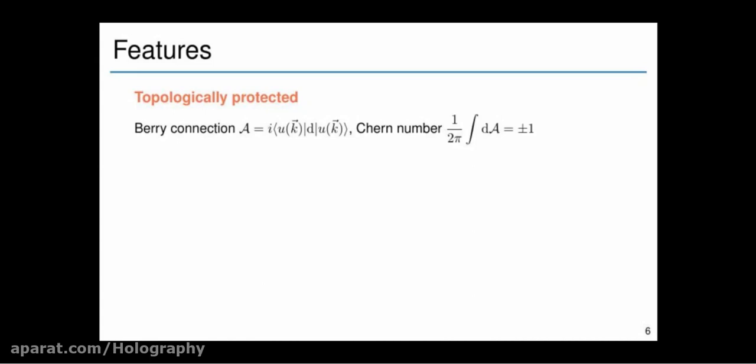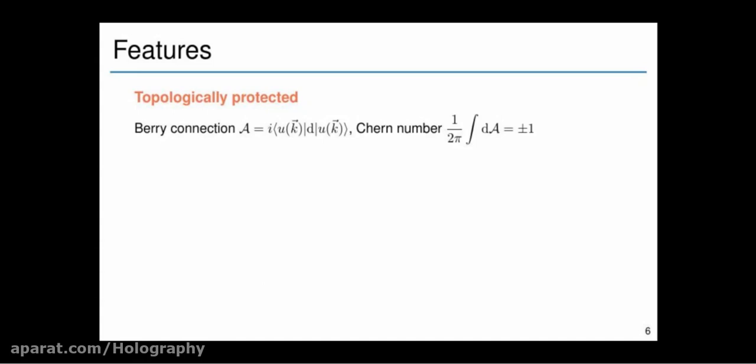Then if you take the exterior derivative of one of these states and then take the inner product of that with the original state, you get this Berry connection A. There's some gauge redundancy to do with the fact that the set of normalized eigenstates don't have a well-defined phase, and that's why we call it a connection.